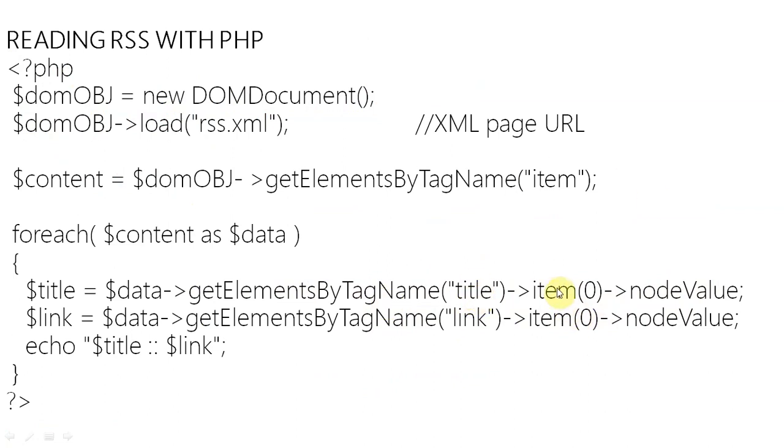It will be stored in the title variable, and again in the link variable, and then by echo we will display it, echo dollar title and dollar link. So both variables will be displayed by the echo statement. This way we are collecting the data.